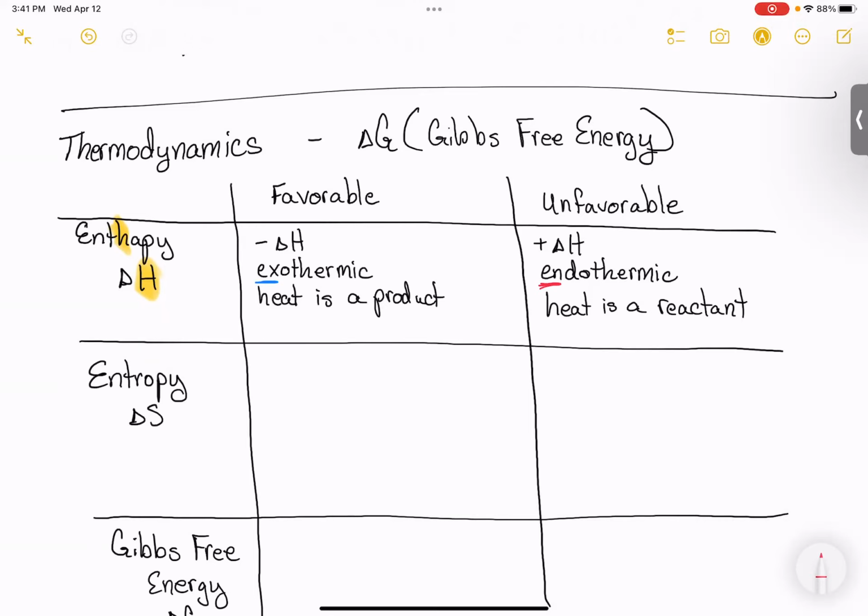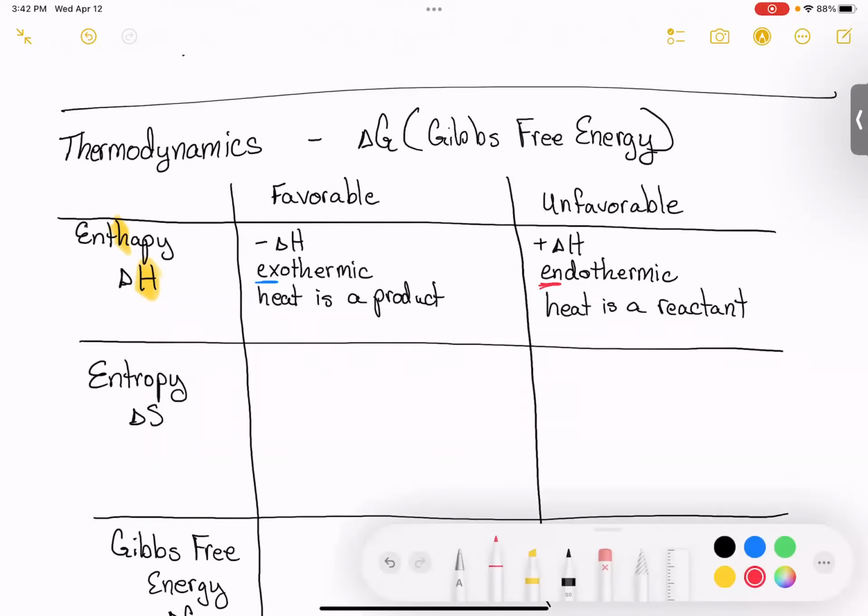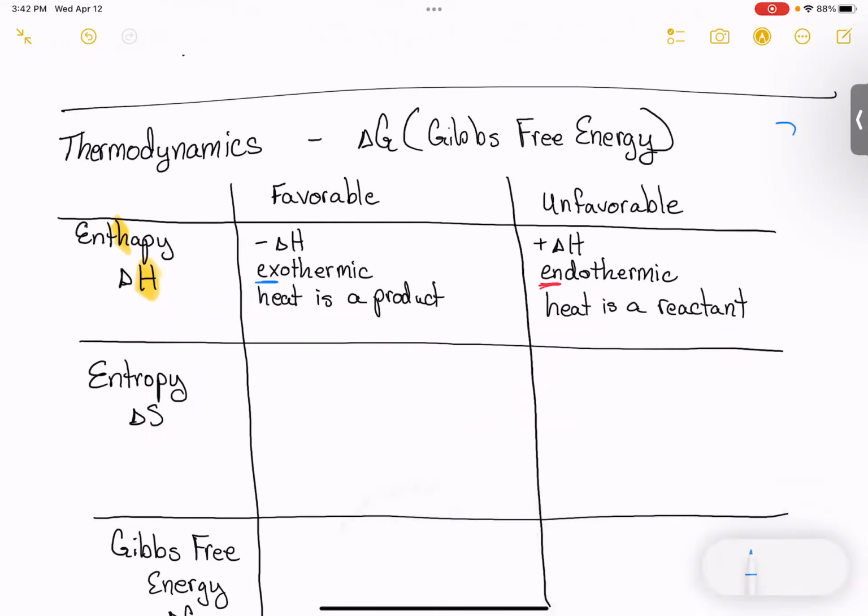Now, the signs, that is what really confuses people. The signs are all about what happens to the reaction itself. So if this is my reaction right here, what happens to it?